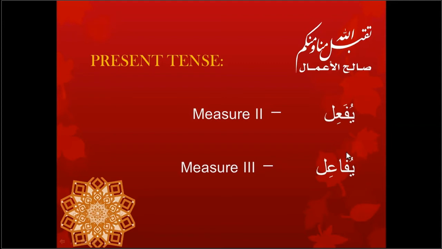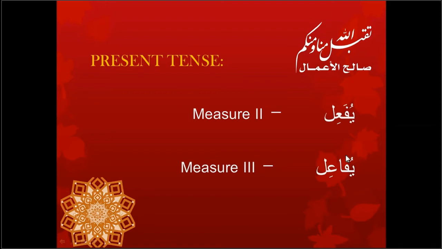The root letters, fa, ain, lam, this aleph now becomes part of the word, so this is our stem. We add a u at the beginning, u, u, nu, tu. It's always going to be that u sound. So when you hear a u at the beginning of a conjugation, you know it's not measure 1. Yufa'il. So very, very similar pattern here.